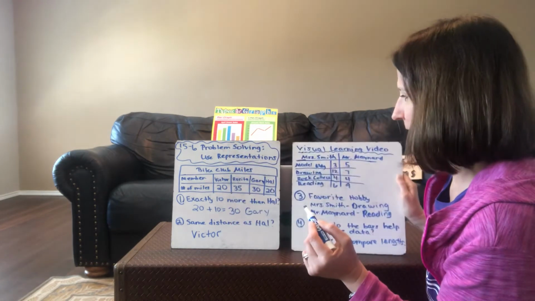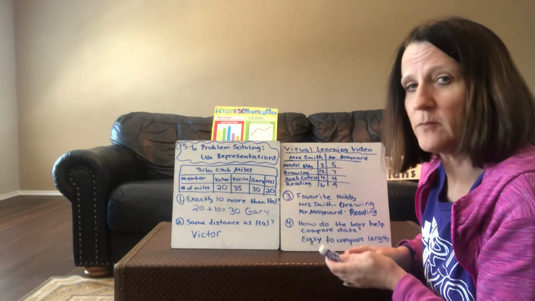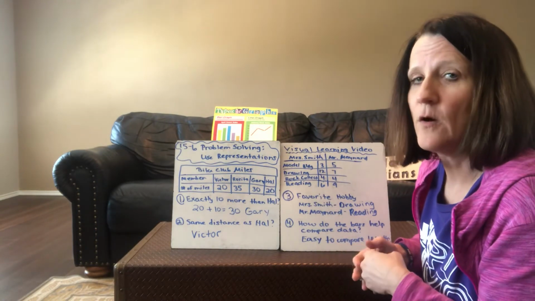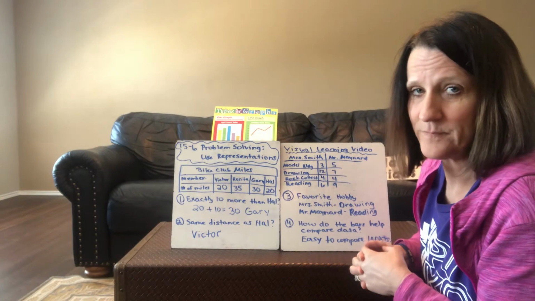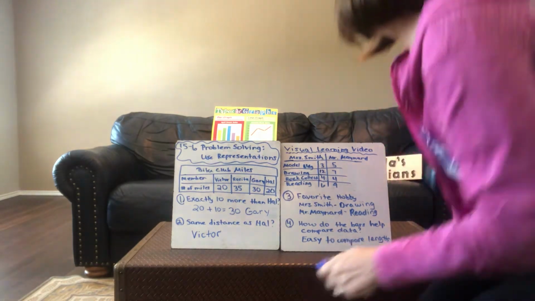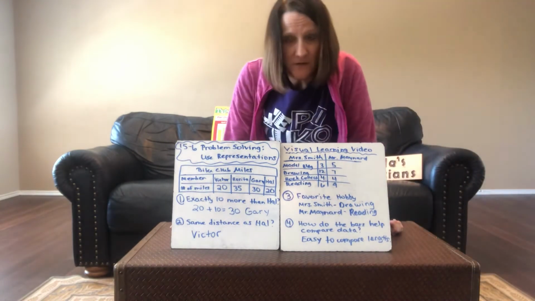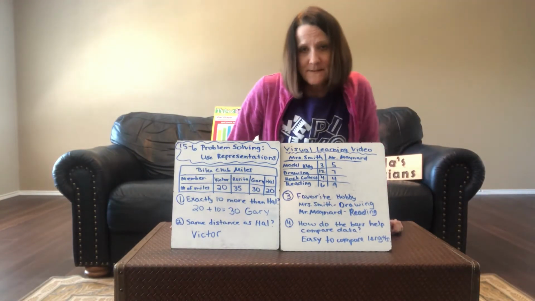Again, you can always word that differently. But the bottom line is, when you have a bar graph, it's just an easy way to represent data. Bar graphs are used to make comparisons, as well as pictographs.